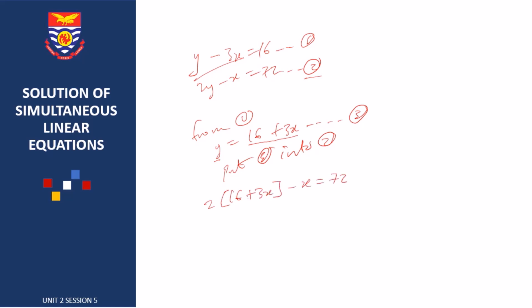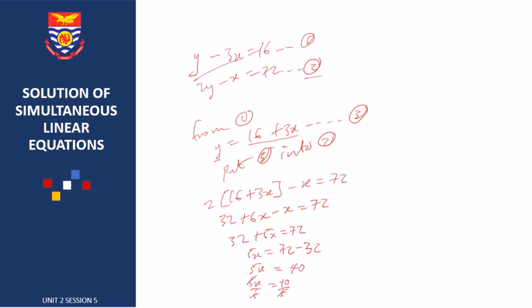I'll expand, I'll have 32, 2 times 3, I'll have 6x, and minus x equal to 72. I'll have 32 plus 5x equal to 72. I'll group like terms, I'll have my 5x remaining, 72 minus 32 will give me 40. I'll now divide both sides by 5.